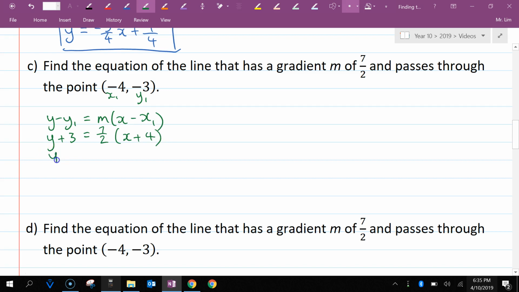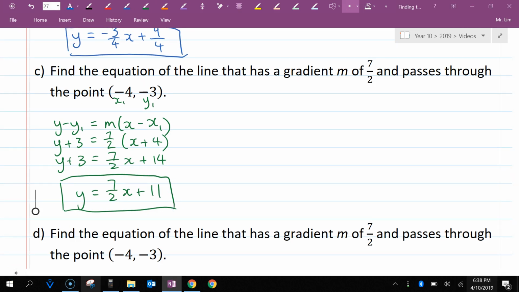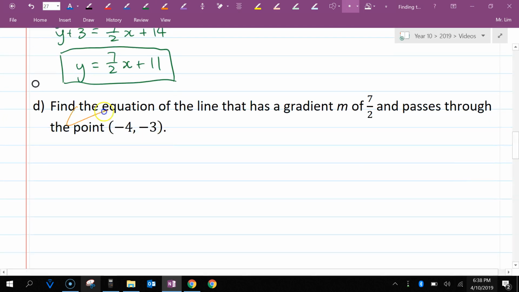Let's expand the brackets. y plus 3 is equal to 7/2x plus 14. And now we can minus 3 from both sides to get our final answer. y is equal to 7/2x plus 11. Question D is actually exactly the same question, so just ignore that.